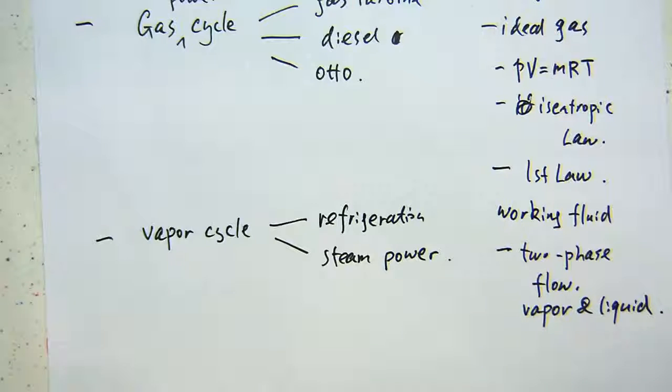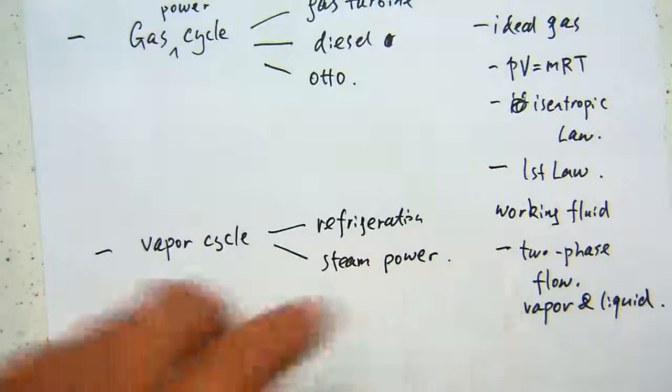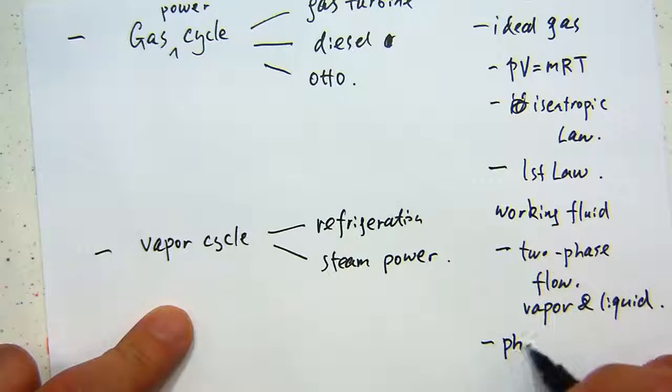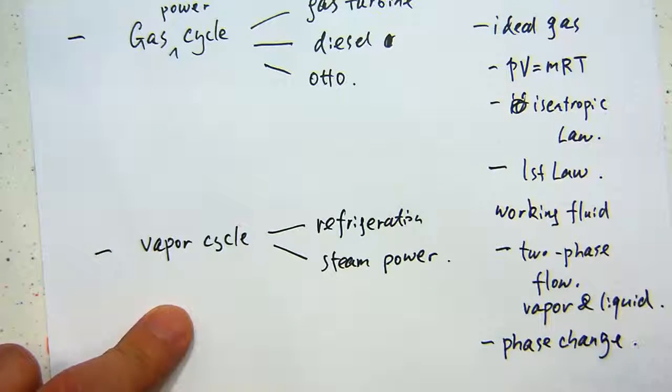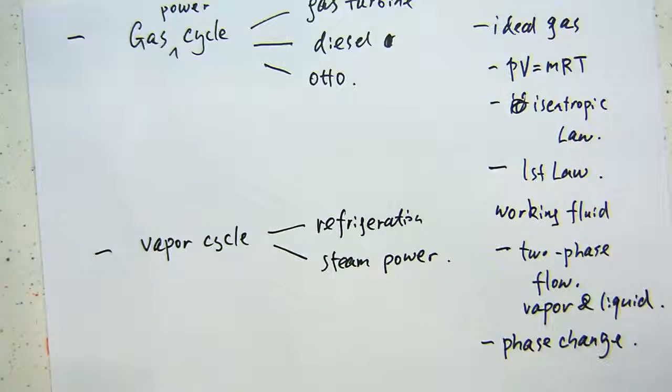But it's always involving a process called phase change, which we are going to have some discussion in a minute. So it's always involving phase change, going from liquid to vapor, or vapor condensed to liquid.